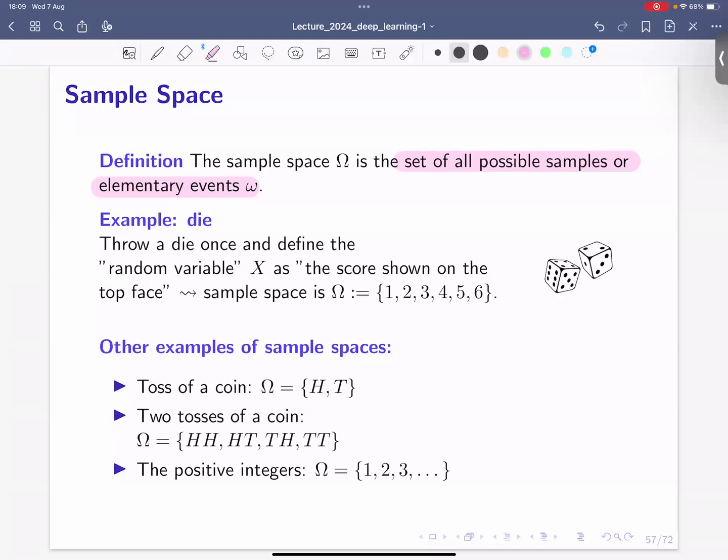Let me explain briefly what a random variable is informally, and later I will give you a formal definition. This concept of a random variable, as the name says, is a variable, and it is random.